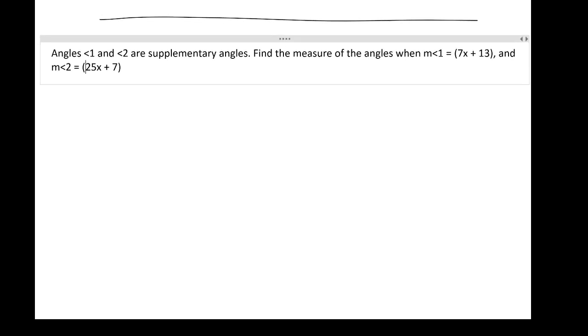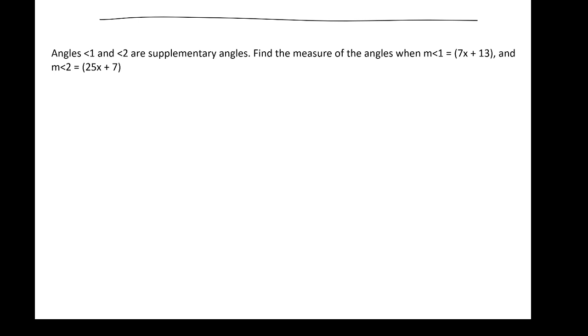And we're going to find the measures of the angles when the measure of angle 1 is equal to 7x plus 13, and the measure of angle 2 is equal to 25x plus 7. And let me, oops, I'm going to enlarge this for you. Probably want to make sure you guys can read that in the video. Okay, here we go.